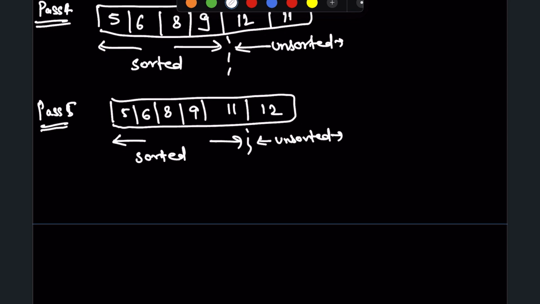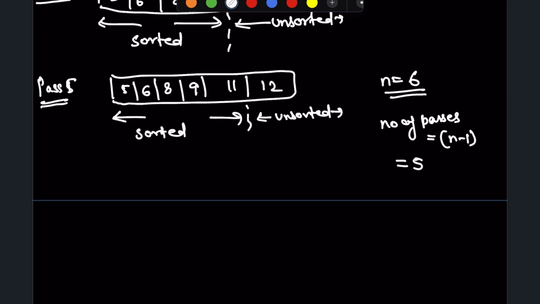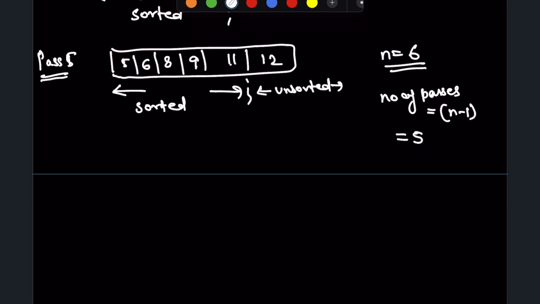So here the total number of elements is 6. Then the number of passes is equal to n minus 1, so the total number of passes will be 5. So we can sort this array in 5 passes, and in the 5th pass the last element is already in sorted order.